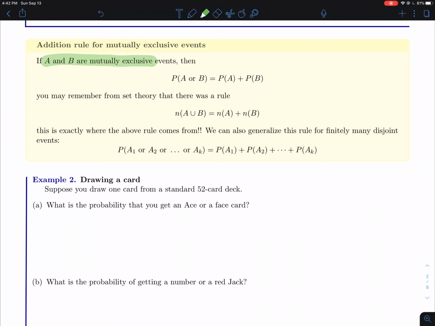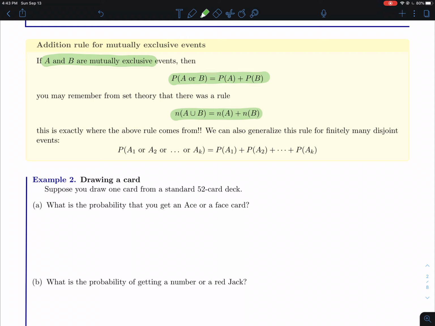And so what we get is the probability of A or B is just the probability of A plus the probability of B. And if you remember from set theory, and from the 110 class, we had this formula that said the cardinality, or the number of elements, in A union B was equal to the number of elements in A plus the number of elements in B. So these two things are exactly the same, and that's actually where this formula comes from. It comes from set theory.